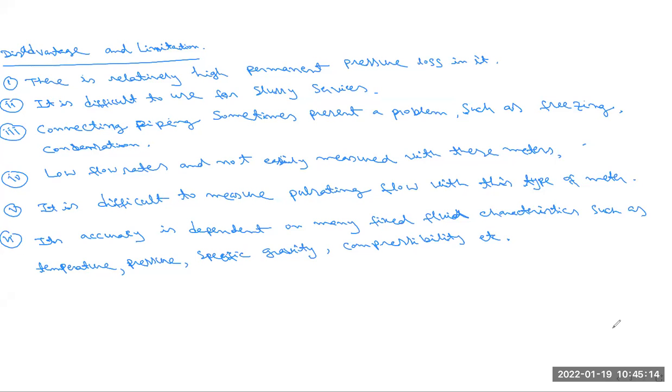So next, till now we have discussed the different variable head or differential flow meters. In these variable head flow meters, there are different parts present in the different flow meters. We will discuss them one by one.